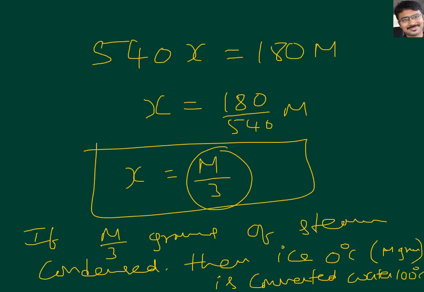So only m by 3 grams of steam condensed is sufficient for m grams of ice to convert to water at 100 degrees centigrade. So let us write the resultant points.